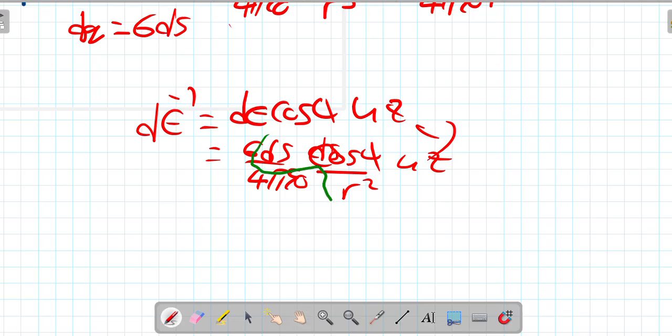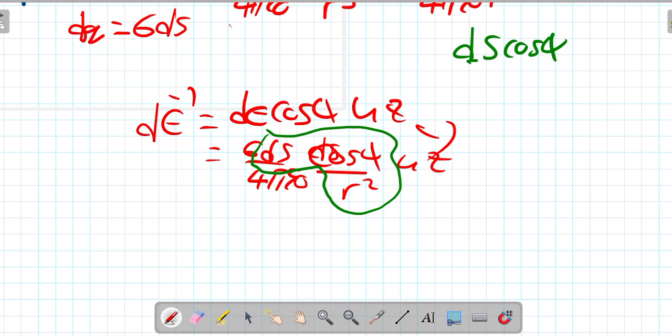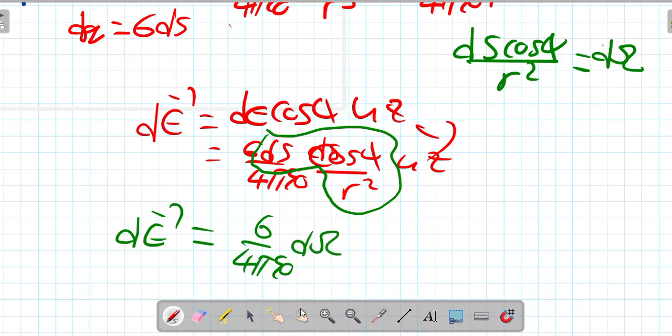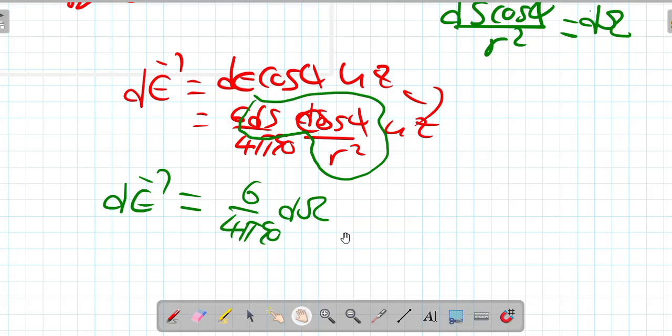Whenever you have a surface times cos alpha over something squared, this is none other than the elementary solid angle. So dE can be written as sigma over 4 pi epsilon 0 times the elementary solid angle. That's the beauty of solid angle: you eliminate a lot of terms just by putting the omega. Then you just have to know the solid angle on which you see the plane.